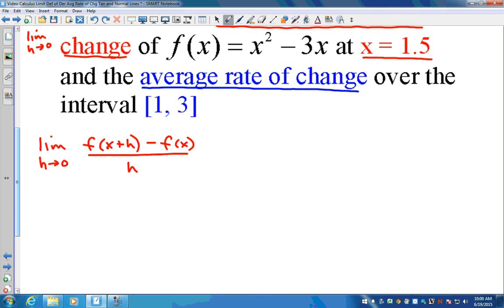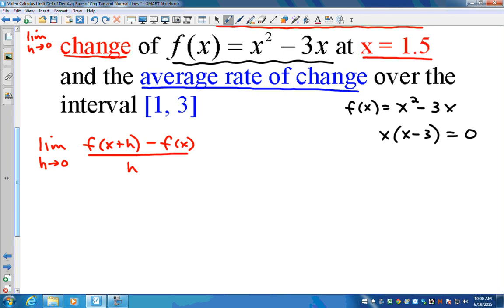All right, what are we finding? We're finding the slope of this curve at x equals 1.5. Do you want to see what that curve looks like? You don't have to, but if you wanted to see what this curve looks like, f of x equals x squared minus 3x, it may help you just to take a look at the graph of it. So if I set the equation equal to 0 and solve for x, I'm going to find the roots.